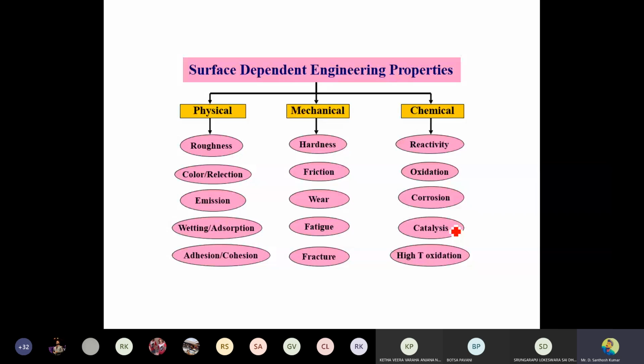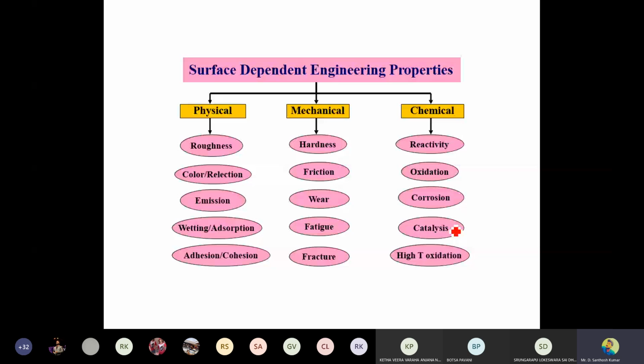You know, in corrosion, sometimes it happens internally also, because there are some types of corrosion, like intergranular corrosion and all that, but that also happens at a solid surface. So that is why we consider all of these surface dependent engineering properties.